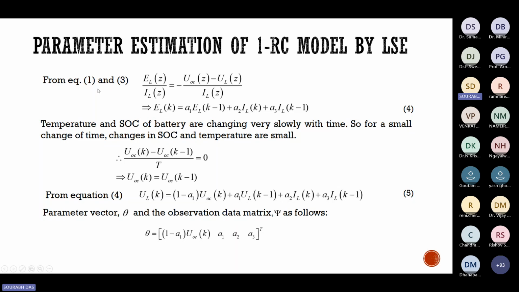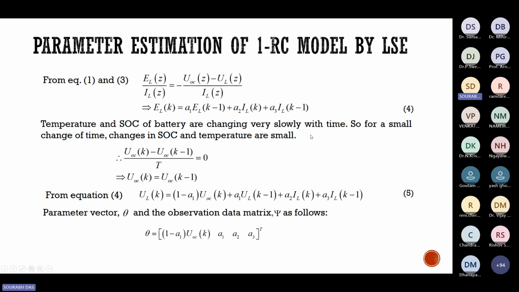So what we can do, we can write this equation 1 and equation 3, so from that equation 1 and equation 3, EL by IL equal to EOC minus UL by IL. And from here, we know that temperature and SOC of the battery change very slowly with time. That's why if there is a small change, then there is a small change in the SOC and temperature as well. So we can approximate that UOC k equal to UOC k minus 1.